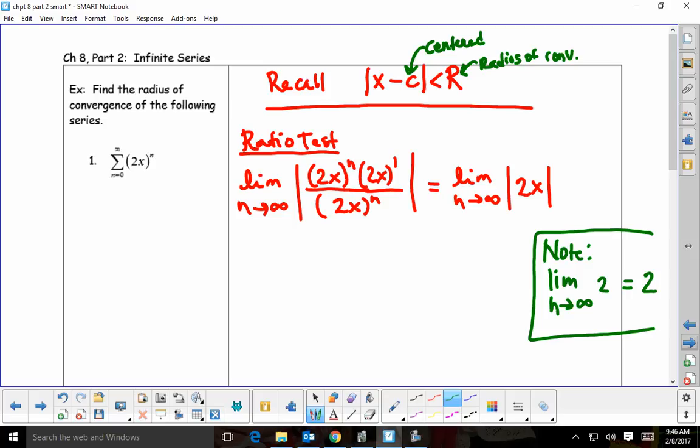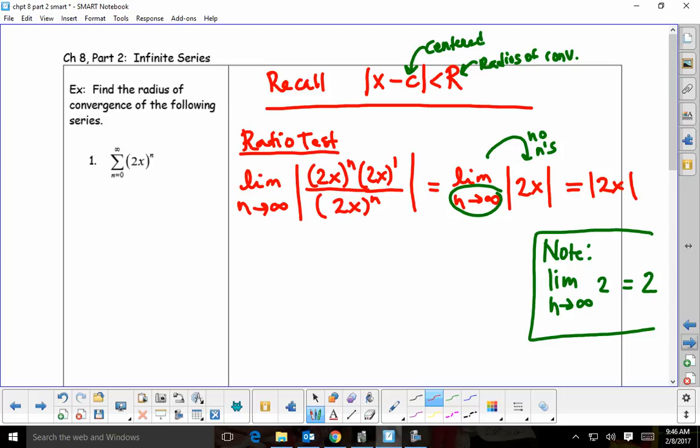Agree? We are taking n to infinity, but we have no n's. So it's just 2x. Well, close. We still have to keep the absolute value parts. Is that an okay concept?